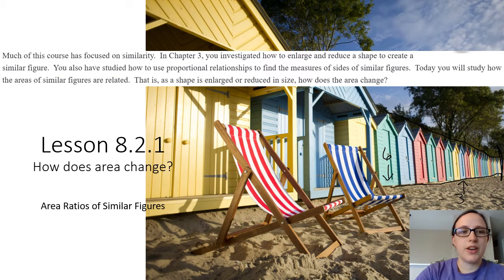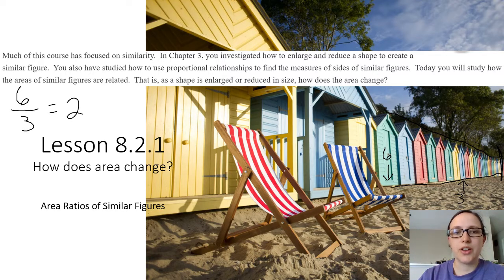So we'd find that scale factor just by dividing those base measurements. 6 divided by 3 is 2. So it's dilating by a scale factor of 2. So we're just multiplying by 2 to get the new base.